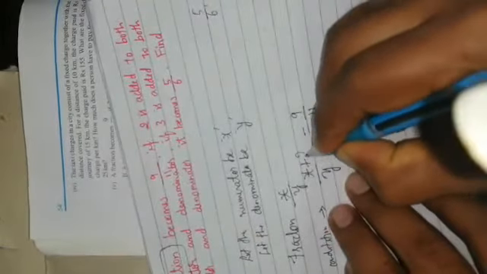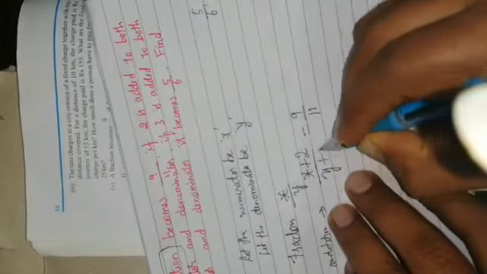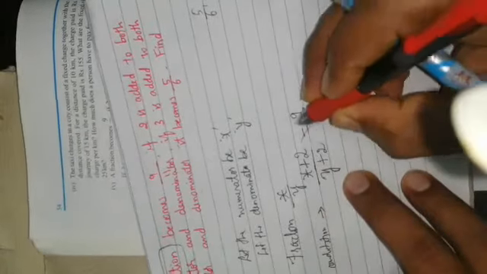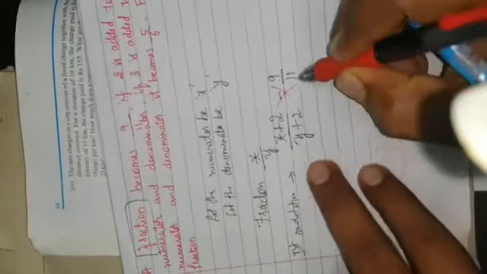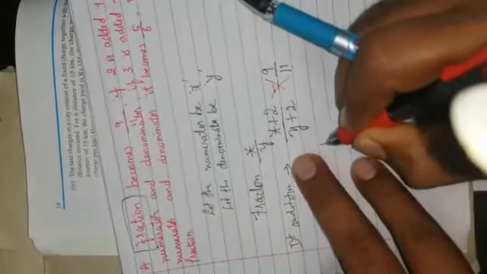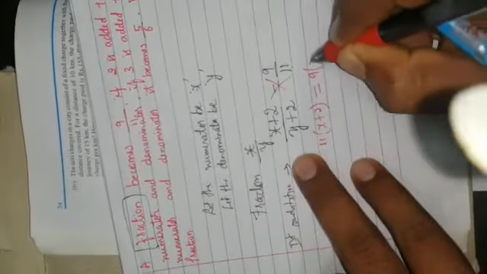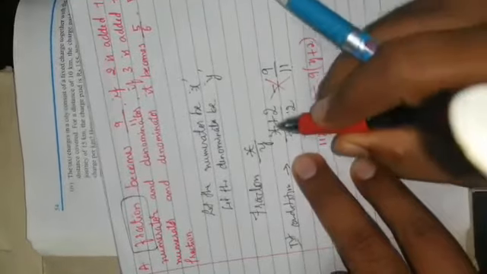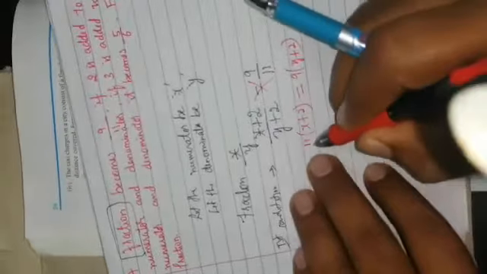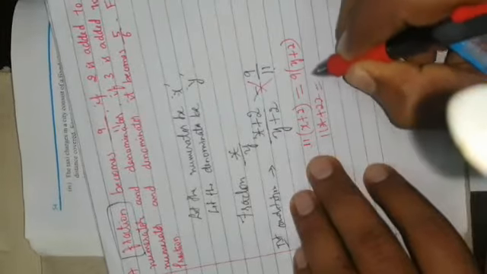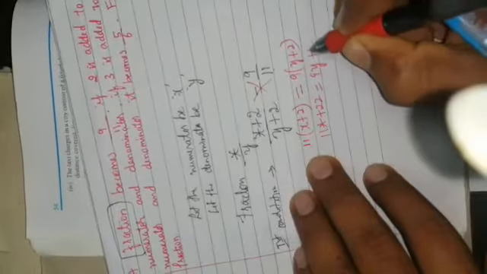Do the cross multiplication here. You will get the equation 11 into X plus 2 is equal to 9 into Y plus 2, you need to multiply for the whole. Okay, 11 into X, 11X, 11 twos are 22, 9Y, 9 twos are 18.